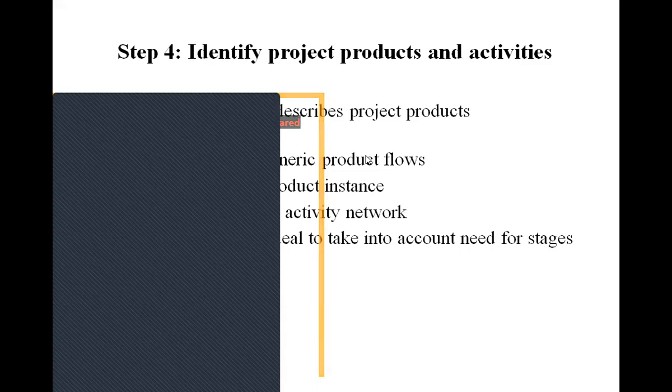Some of these products will be handed over to the client at the end of the project. So after completion of the project, we have to hand them to the client. These are called deliverables.